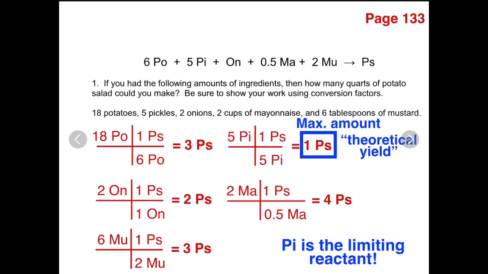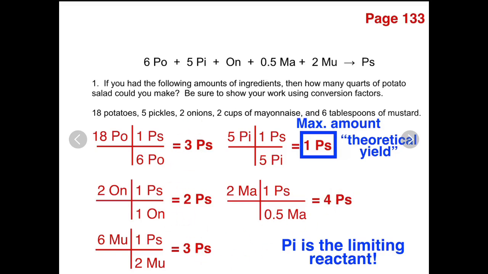It doesn't matter what problem you are given, or how many reactants. All you have to do is start with each reactant and calculate how much product can be made. The least number from the calculation is the possible amount that we can make. Never ever add them together, because you cannot make that much, right?